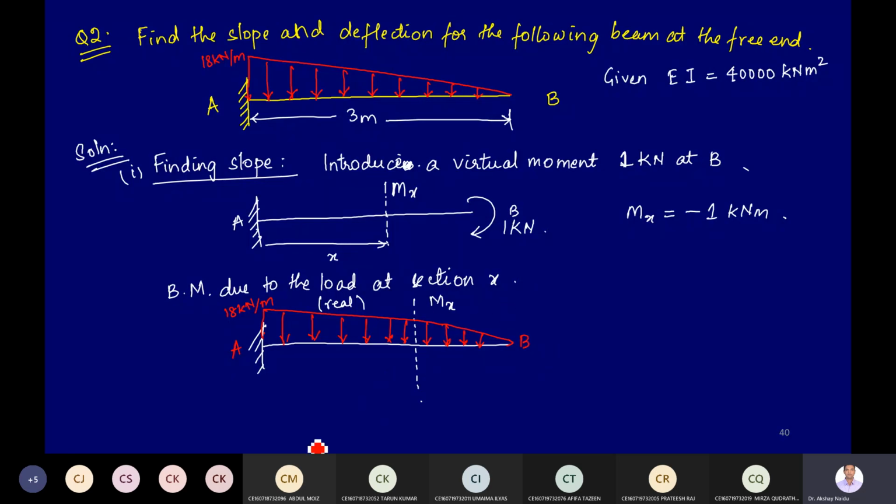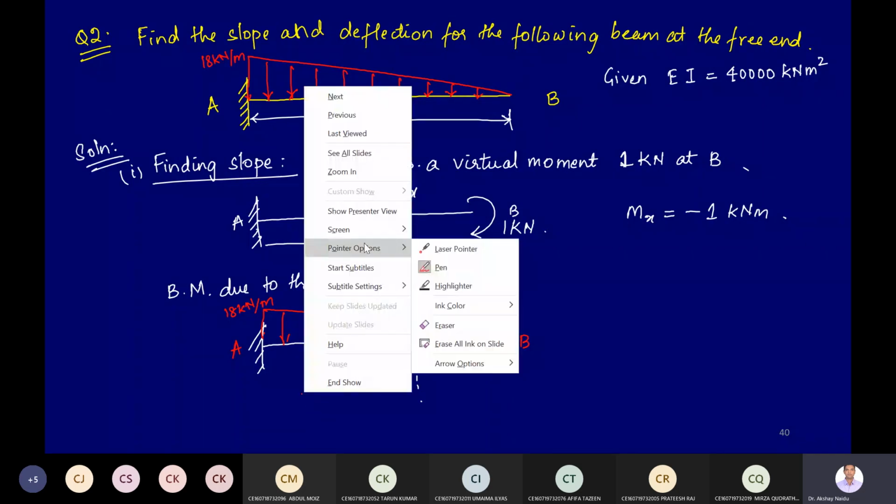Now at this section X, the bending moment calculation will be like this.